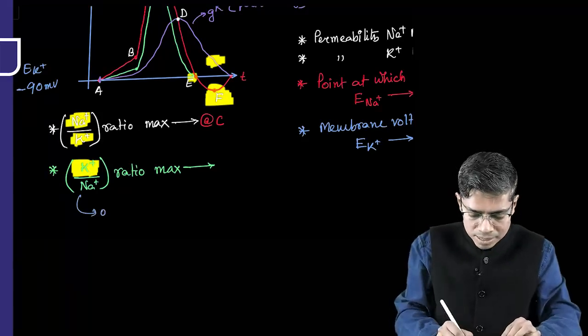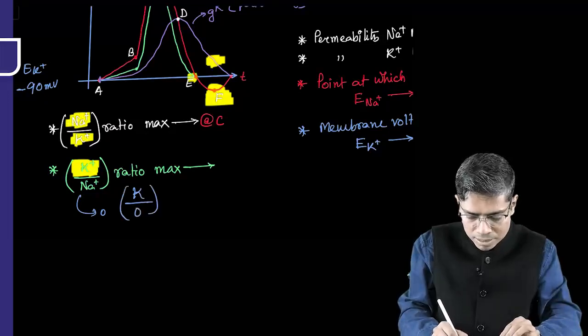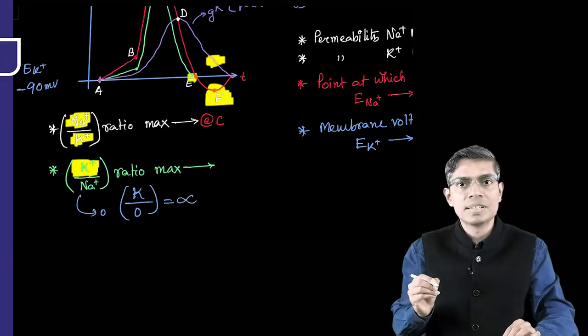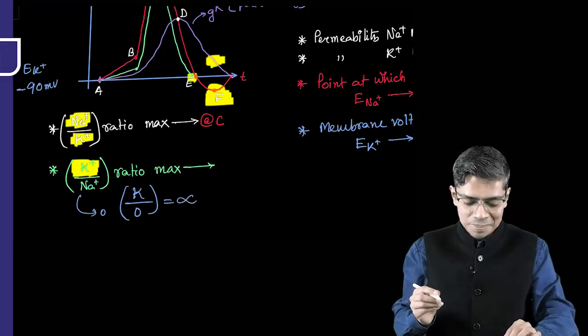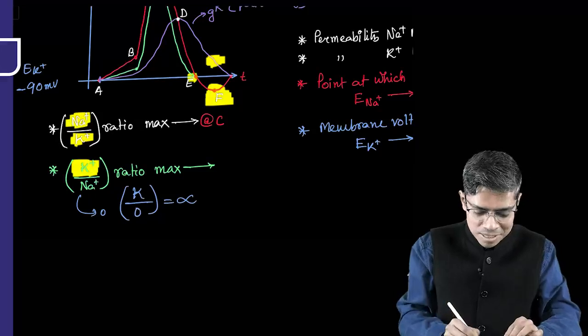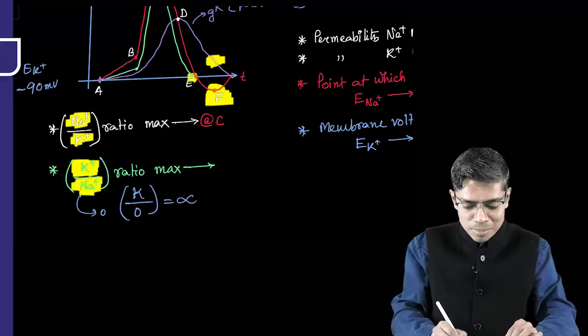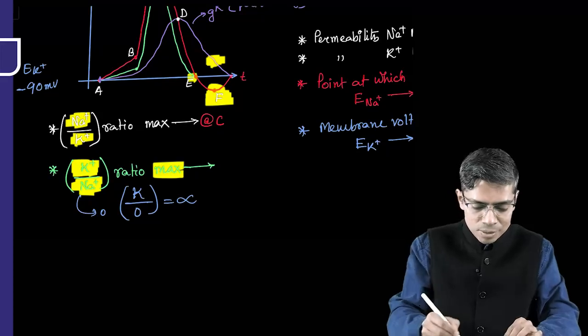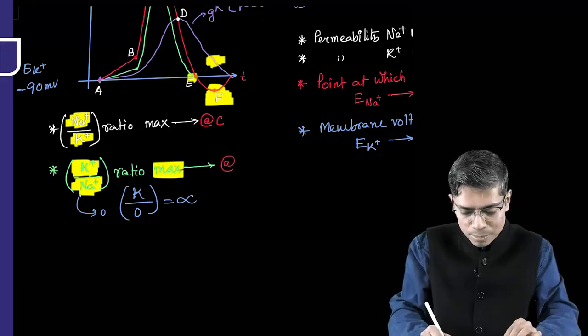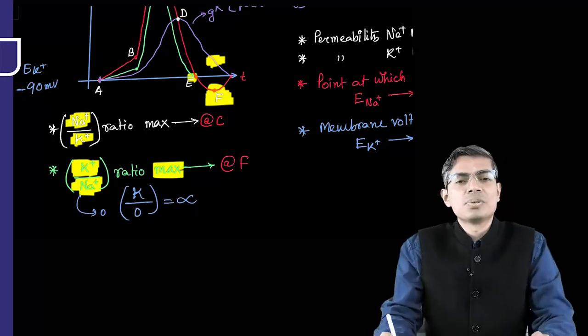If you divide potassium permeability by 0, what is the ratio? It is nothing but infinity. So whenever I ask at which point the potassium upon sodium permeability ratio is maximum, your answer is point number F, where the ratio is infinity.